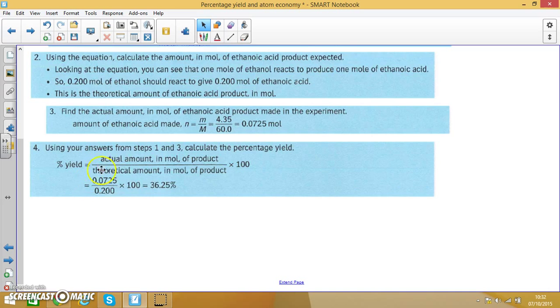So substituting the values into this equation, 0.0725 divided by 0.2 times 100, we get a percentage yield for this equation of 36.25%.